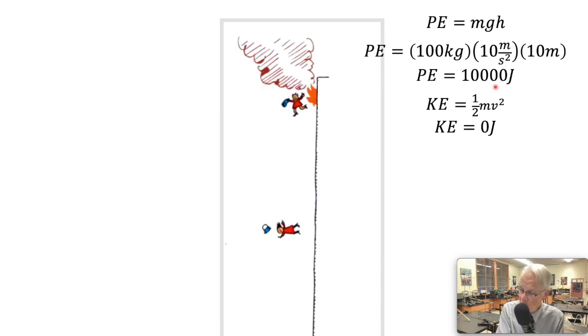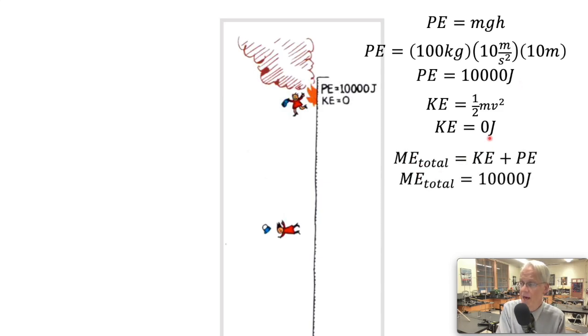But due to the conservation of energy, energy not being created or destroyed, she'll still have 10,000 joules. The total mechanical energy is going to be our kinetic energy plus our potential energy, and when we add these two up, we're always going to get 10,000.